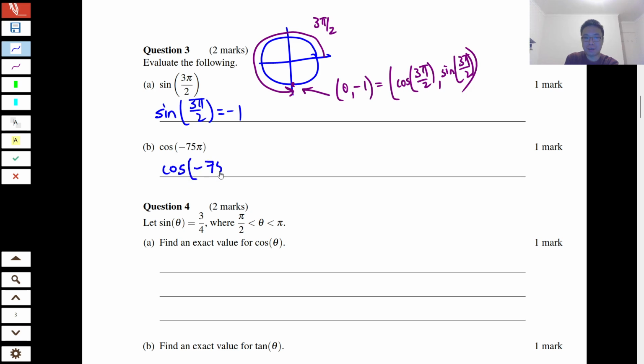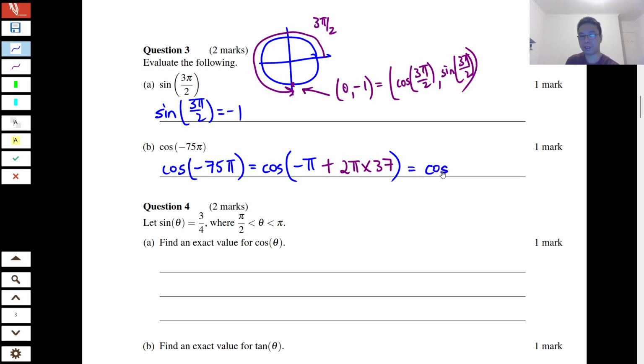Now, cosine of negative 75 pi is the same as cosine of negative pi, because what I've done is I've added 2 pi times 37. I'm allowed to circle around the unit circle as many times as I like by multiples of 2 pi.